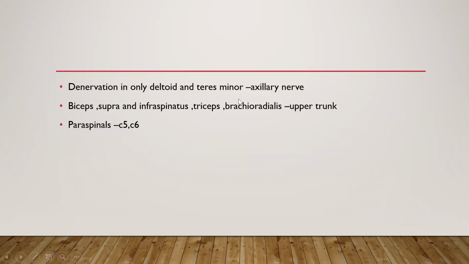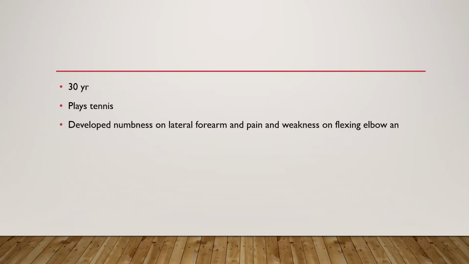It is axillary nerve. If there is deltoid plus biceps plus supraspinatus plus infraspinatus plus brachioradialis, then it becomes upper trunk. Agree? Yes, ma'am. And if along with these, paraspinals are also affected, then it becomes C5 root. Okay. Yes.